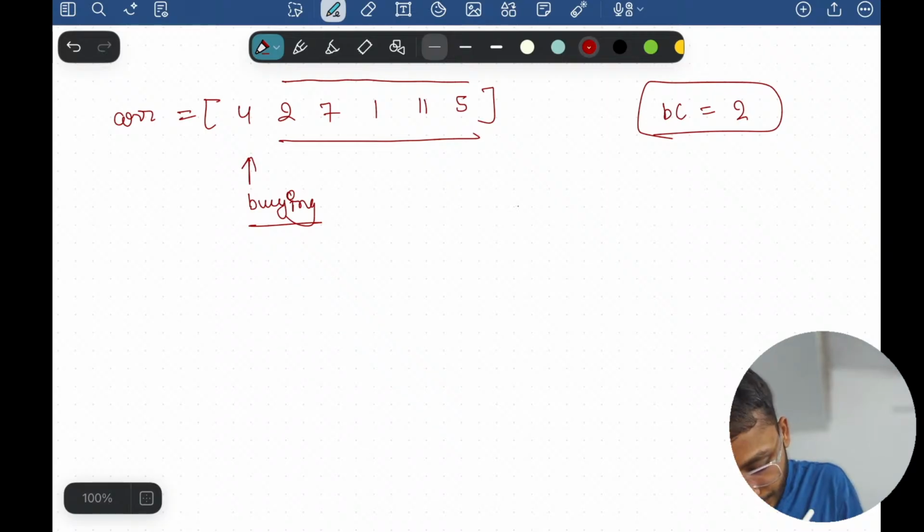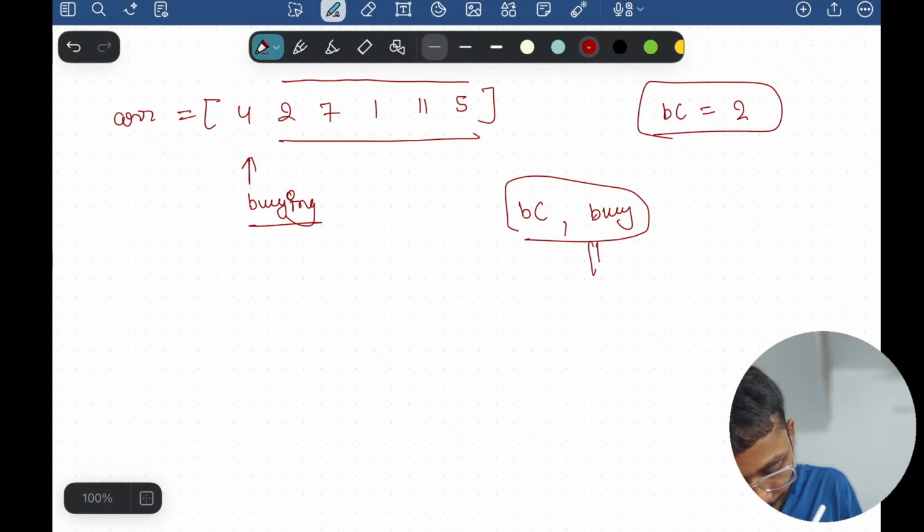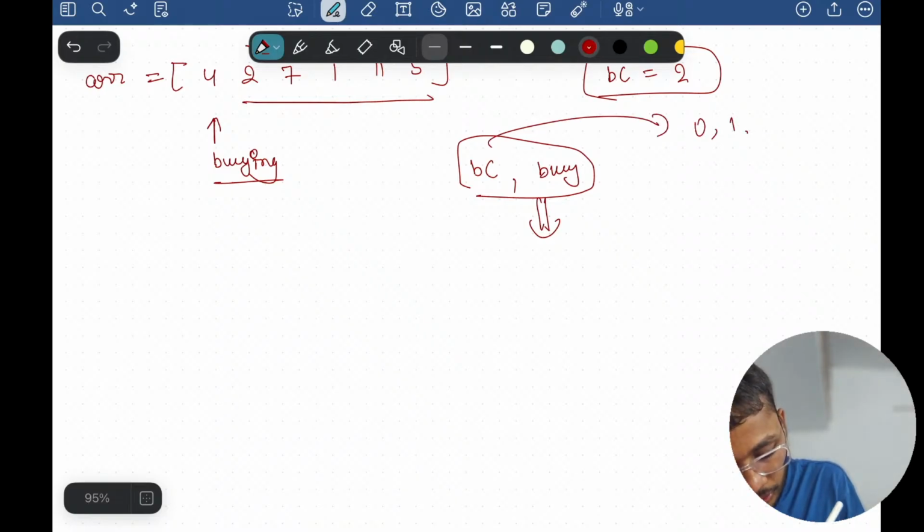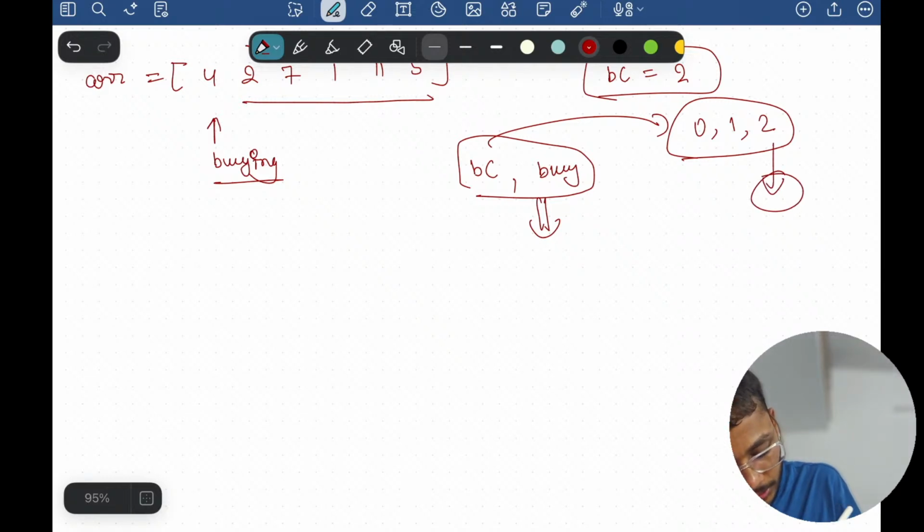So we can say BC, buy count, and buy. We will have two variables, BC and buy. BC value will be 0, 1, 2. 2 means you can buy twice, 1 means you have one option, 0 means you cannot buy.